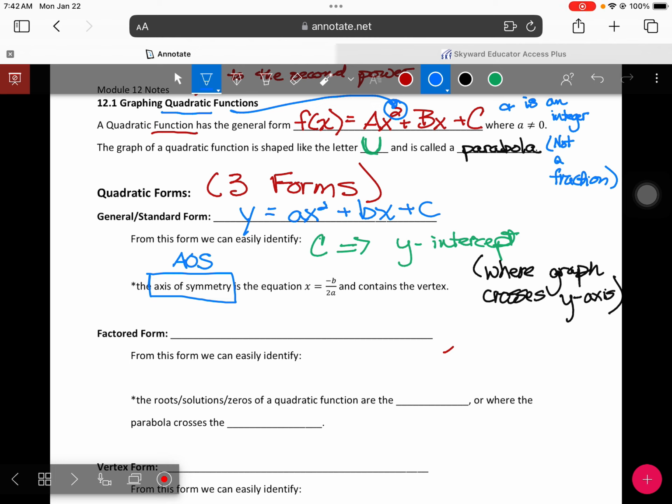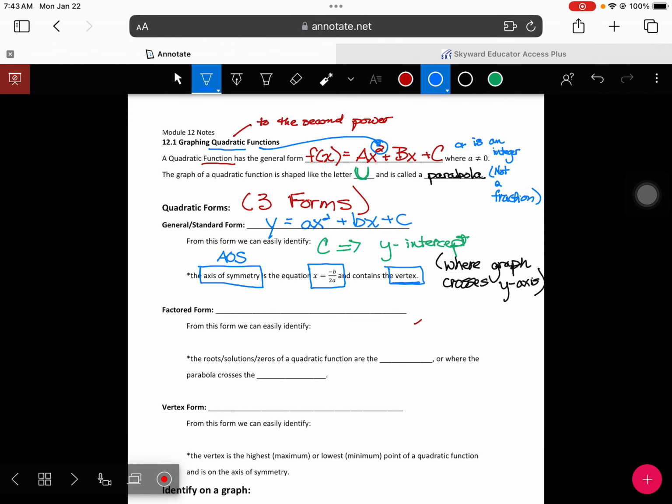Axis of symmetry is the equation, and this is really, really important. X equals the opposite of b divided by 2a. And on that axis of symmetry is the vertex. So that's another important word, vertex.